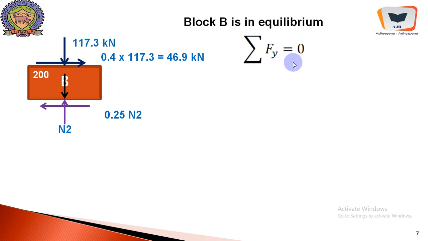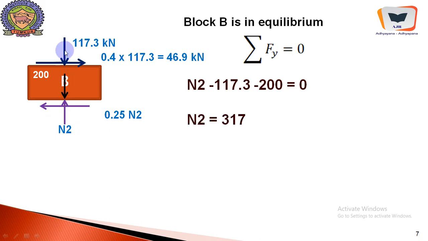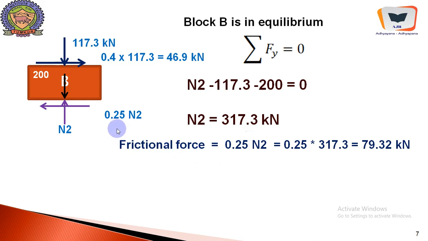Okay, sigma Fy equal to 0. Therefore, that will enable us to write N2 minus 200 minus 117.3 equal to 0, and that will give us N2 equal to 317.3, and frictional force will be 0.25 N2. So 0.25 into 317.3, 79.32.